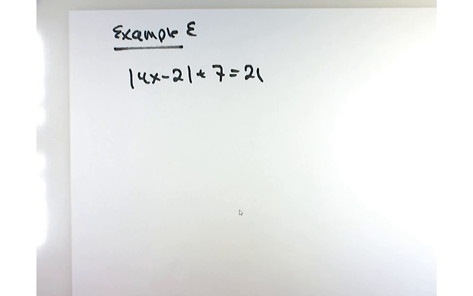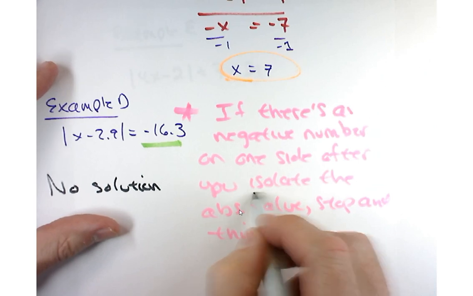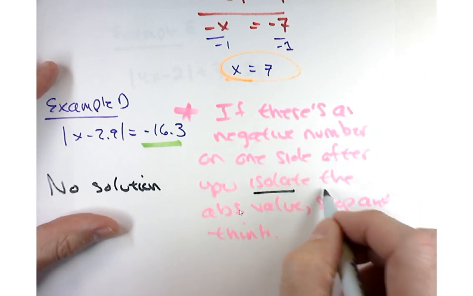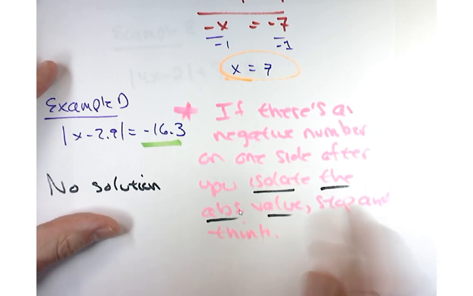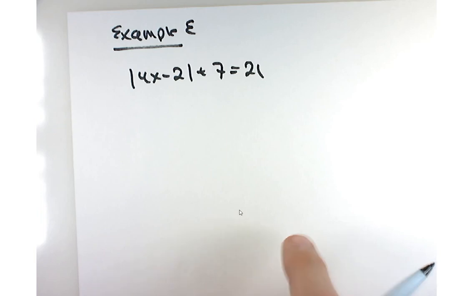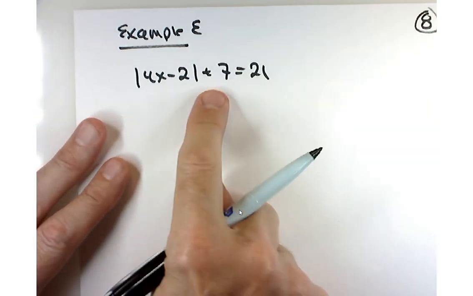Okay. Now, I know I just finished talking about getting a positive case and negative case. We're going to do that. But remember one thing I mentioned here. You have to isolate the absolute value. That's our first step in working with these equations and inequalities, is you've got to get that absolute value stuff by itself. What do I mean by that?